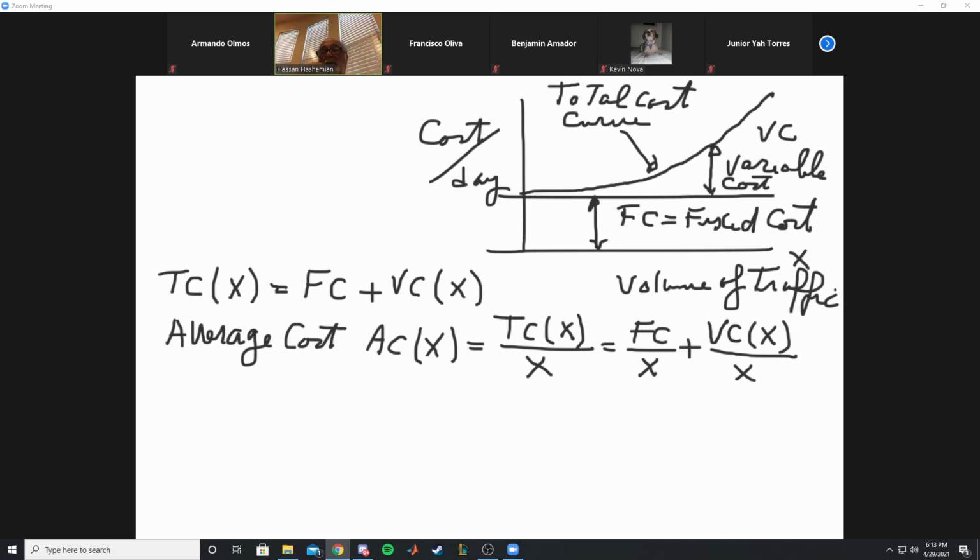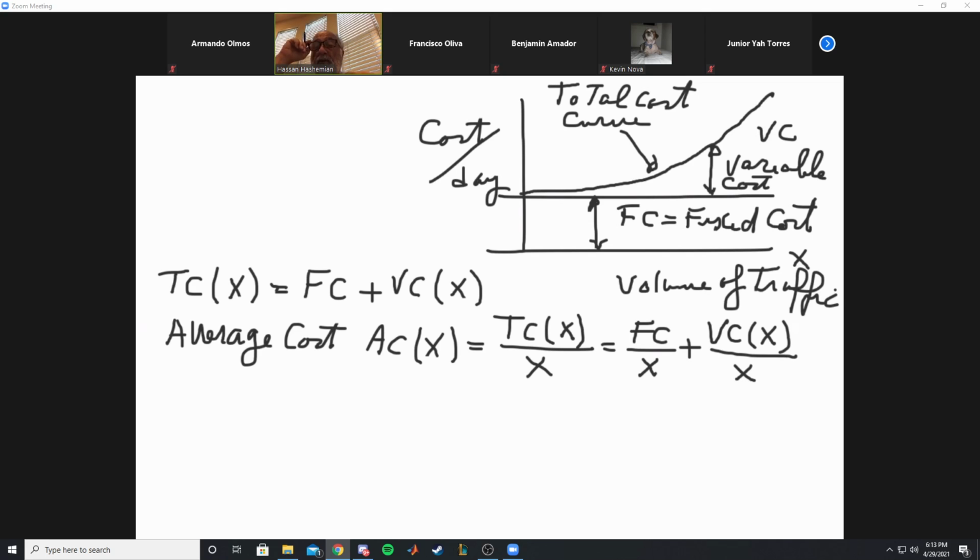So let me give you another example of the average cost and total cost, which is not related to transportation. Let's assume you go out and try to buy a dozen pencils from a bookstore. When you want to buy them, they say that it will cost you $1.20 to buy a dozen pencils.